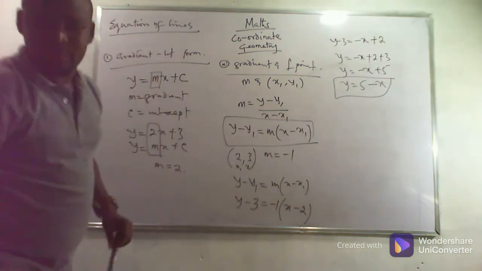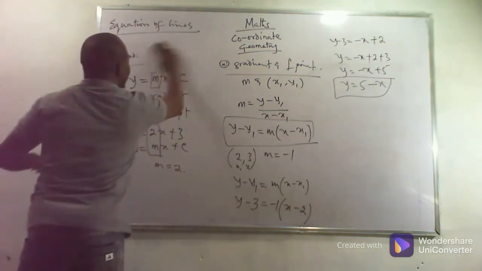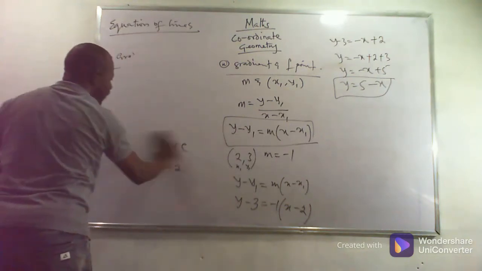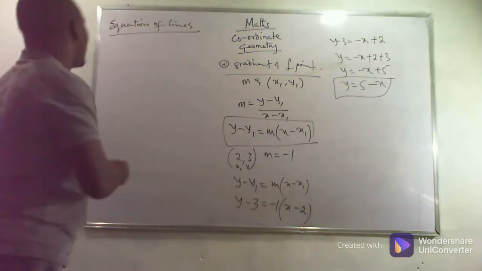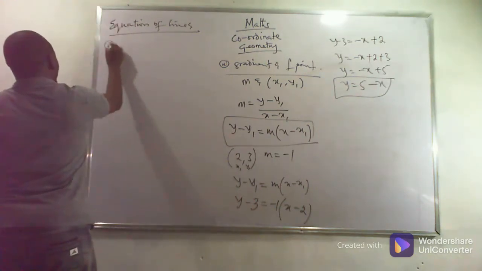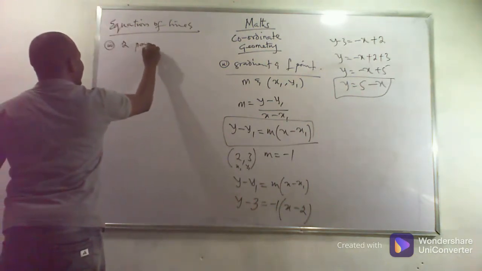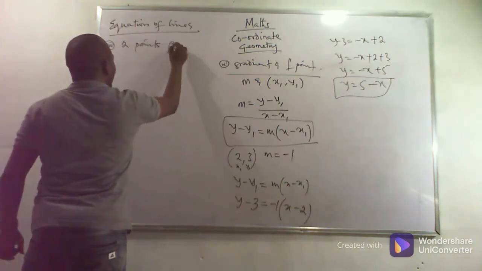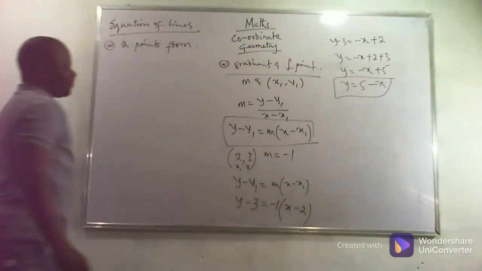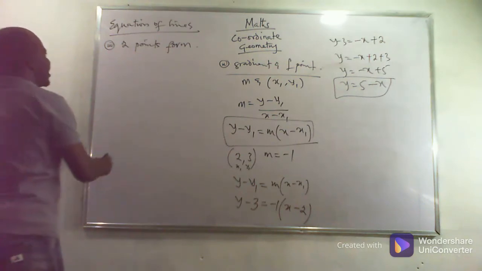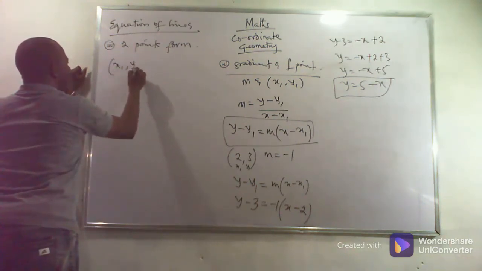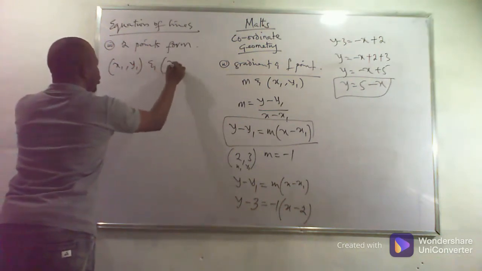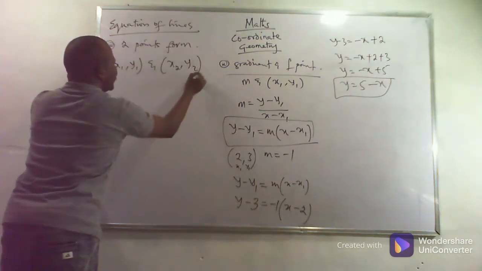Another format for the equation of a line is called 2-point form. When you are given 2 points, for instance, now you are given x1, y1 and x2, y2.